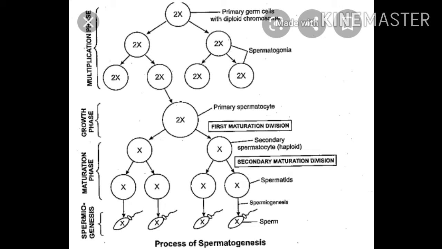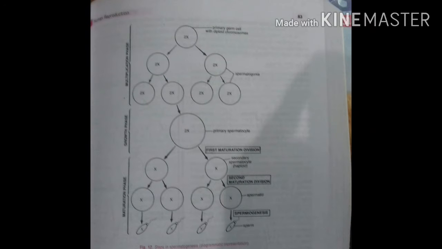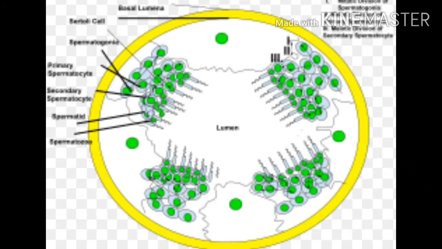Each primary germ cell enters a multiplication phase and by repeated mitotic division gives rise to a number of cells. These unspecialized male cells, called spermatogonia, also continue to divide for some time and then enter the growth phase. In this phase, spermatogonia grow and increase in size.